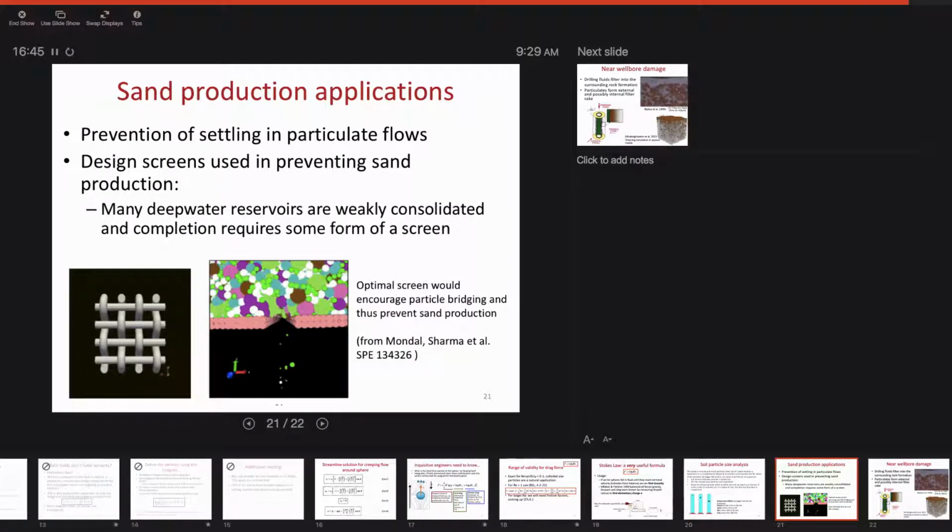In sand production applications, you actually want to design screens because you have particulate flow from the formation. So if you have weakly consolidated sand, just like that blue plastic model of mine, a lot of them have chipped off.